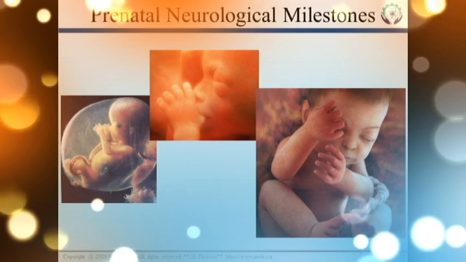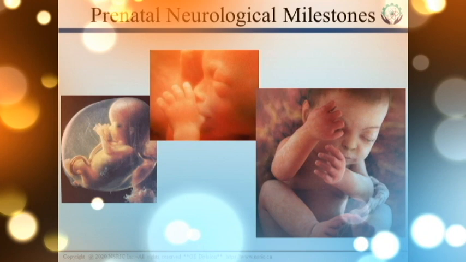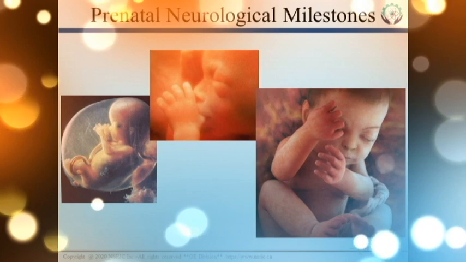There is also a refinement in the sensory systems, and the time of developing real neural connections intensifies in that third trimester, being prepared for birth. That gives us a sense of the wonderful process of prenatal development.